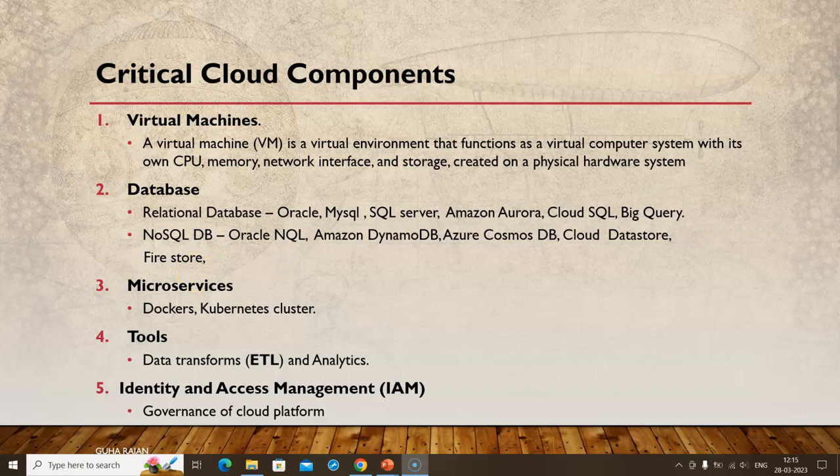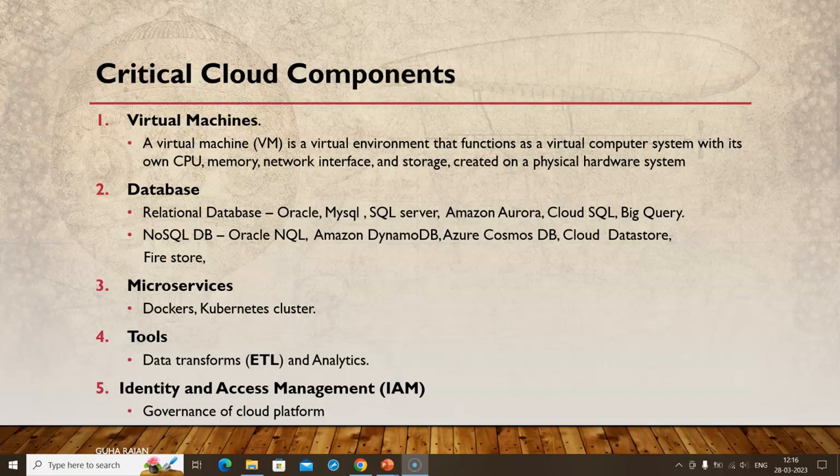The entire organization will have maybe hundreds of users. All the users cannot have the same kind of access, and that is where identity access management plays a critical role. So this is related to the governance of the cloud platform. Who can have provisioning access?